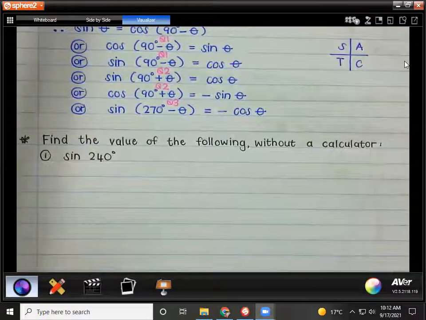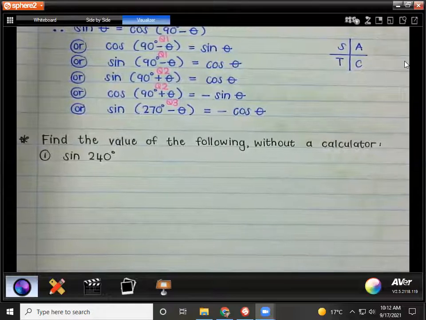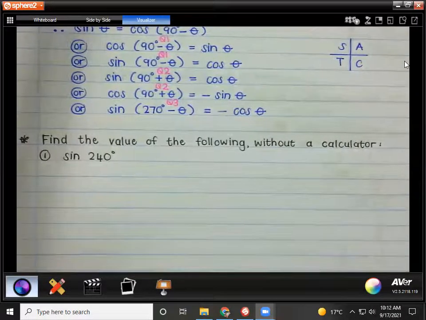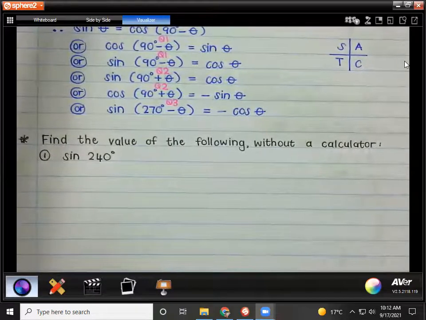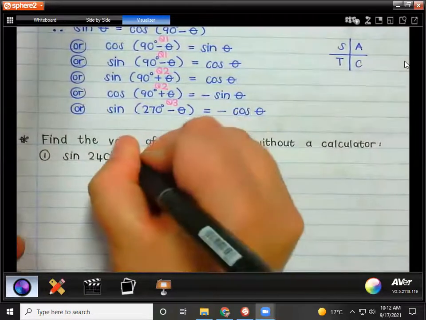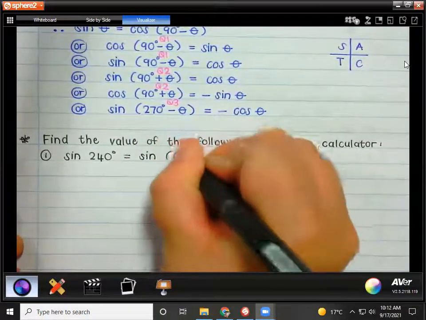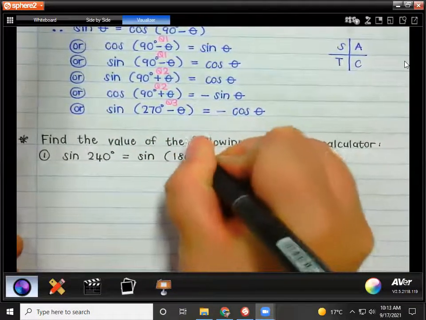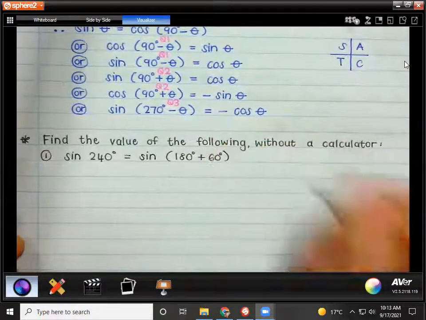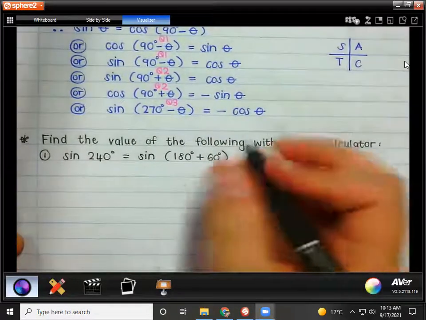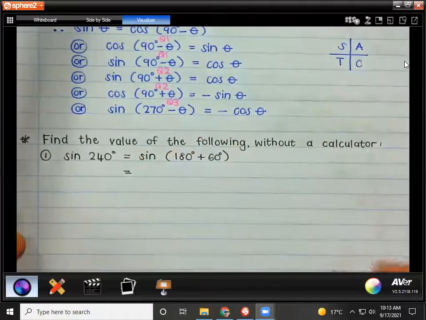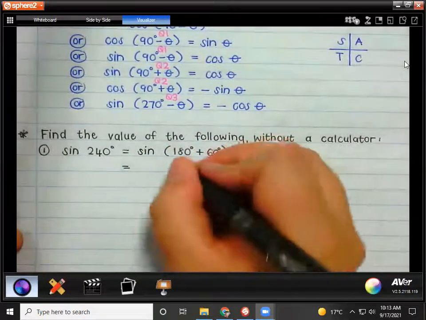Now guys, we could obviously use 180 plus 60, which is what we've been doing so far. But now we can also do 270 minus 30. Let's do the normal way first. We would have said that this is 180 plus 60, and 180 plus is in the third quadrant. What is sine in the third quadrant?